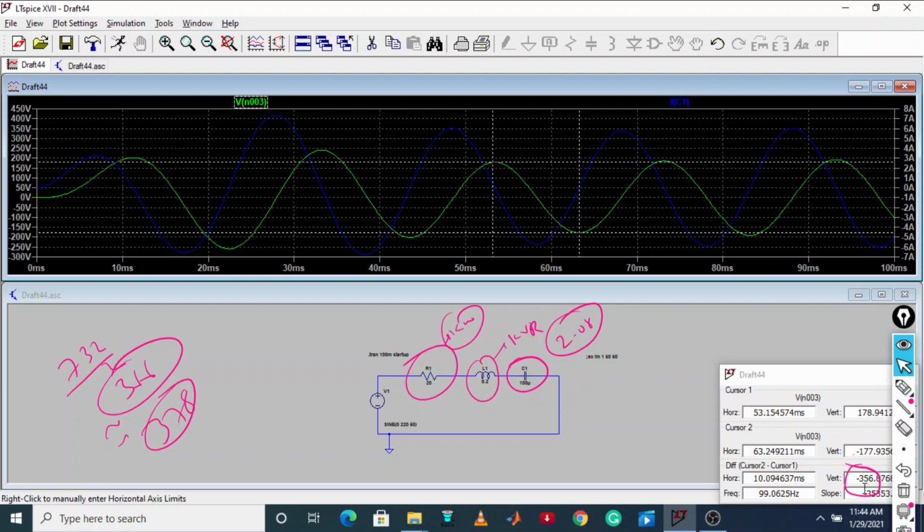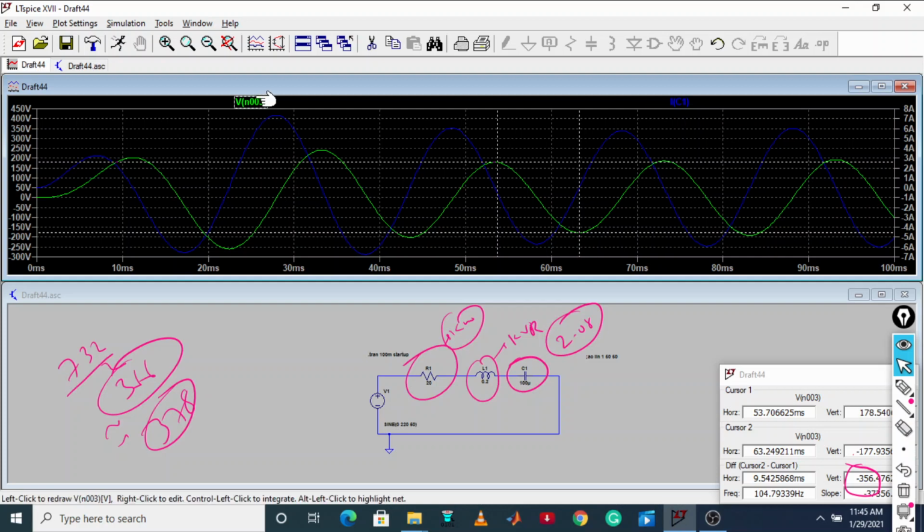This comes around minus 356, or if you take the exact, around 356. Now if you take the average, just divided by 2, it is around 172.8, and calculated is 192. This variation is coming because we have taken the time duration of 100 millisecond. If you run more than 100 millisecond, this will be approximately the same. That is why this variation is coming.